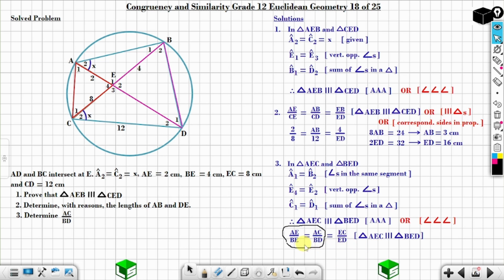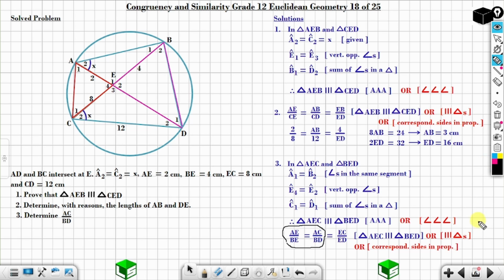You can write the proportionality equation because this triangle is similar to this triangle. You have to give the reason: similar triangles, or corresponding sides in proportion.